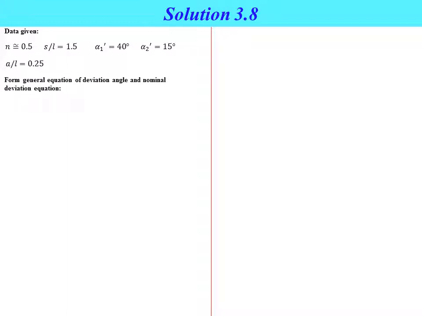From the general equation of deviation angle and also the nominal deviation equation, you will get equation number 1, where delta star equal to m theta multiplied by s over l to the power of n, and also equal to alpha 2 star minus alpha 2 prime.